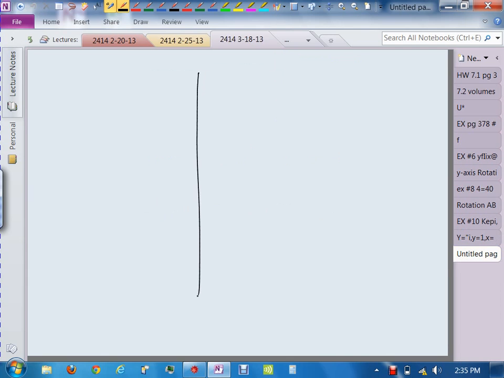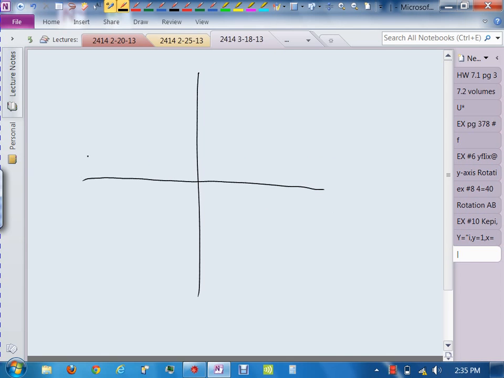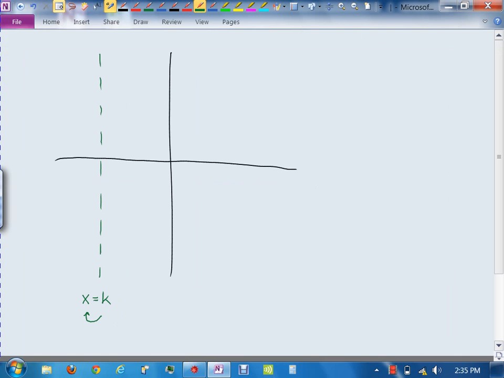Okay, so what if we do the same thing? This time we put our axis of rotation vertically, and let's call it x equals k, and we want to rotate around that. And our region goes sideways, where our rectangle is horizontal instead of vertical. Same thing, isn't it?